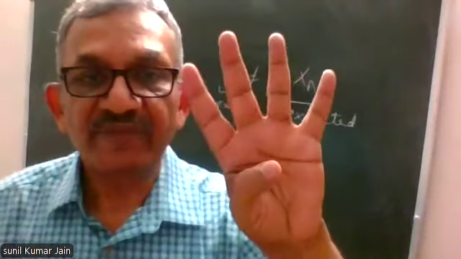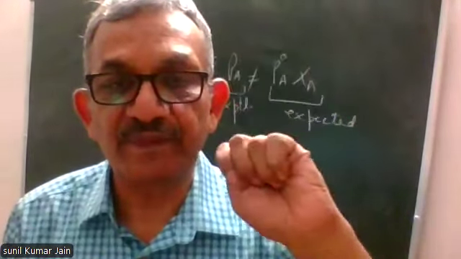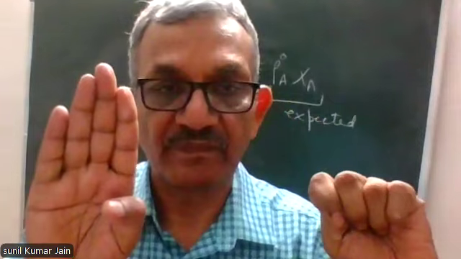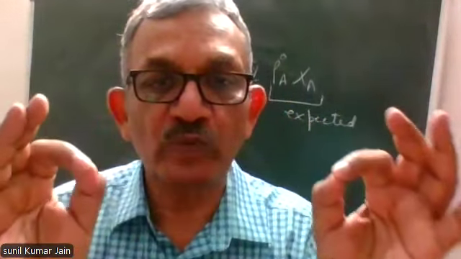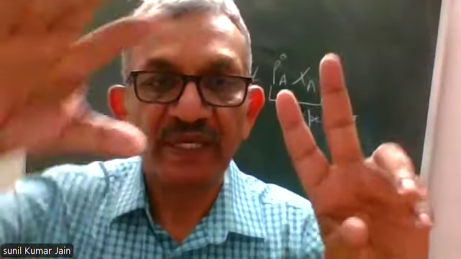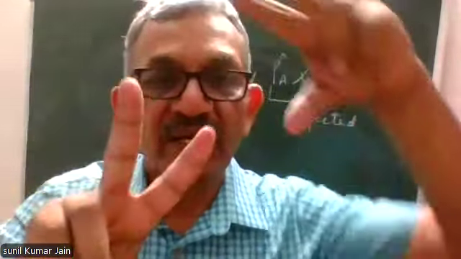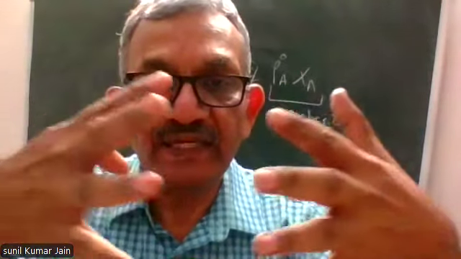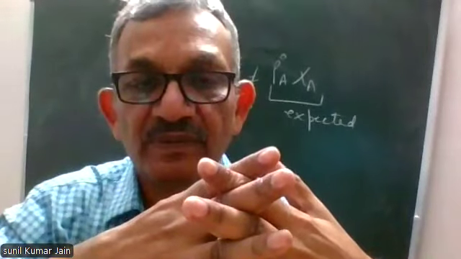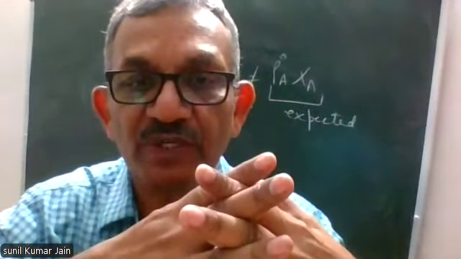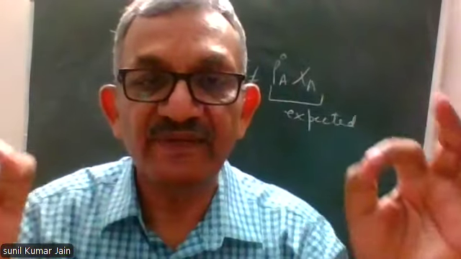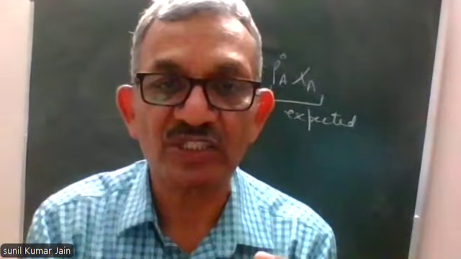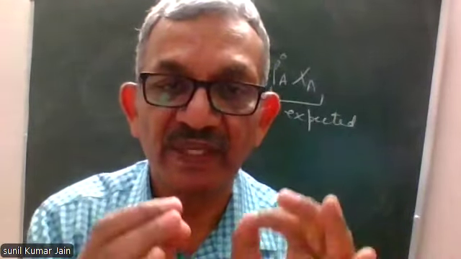Now, if attractive forces between A and A and attractive forces between B and B are equally strong, I'll repeat, if attraction between A and A, attraction between B and B are equally strong, then the new attractions formed on mixing, new attractions between A and B, they will also be as strong as were the initial attractions between AA and BB.